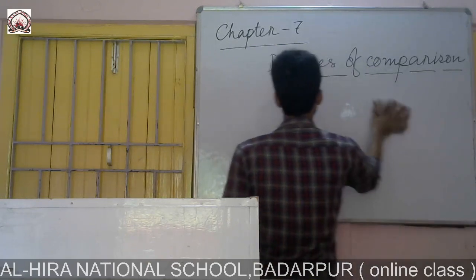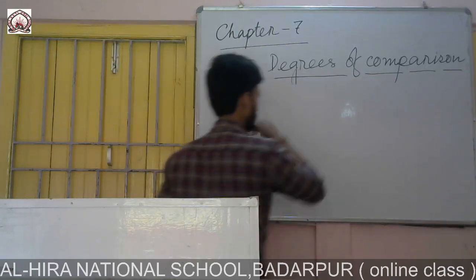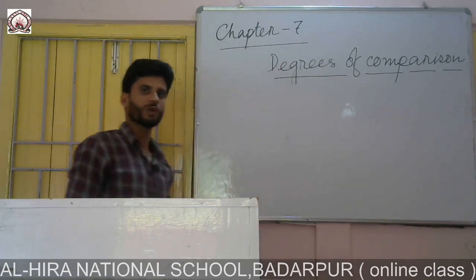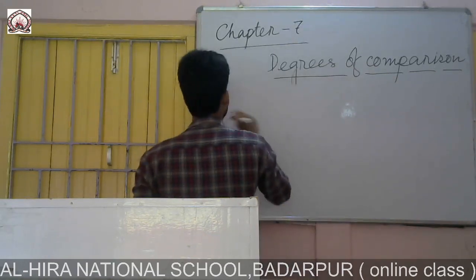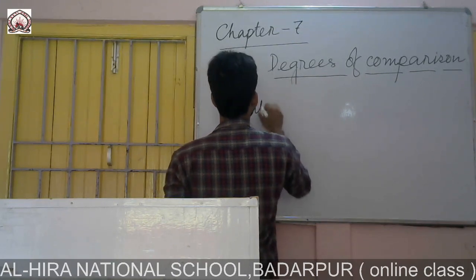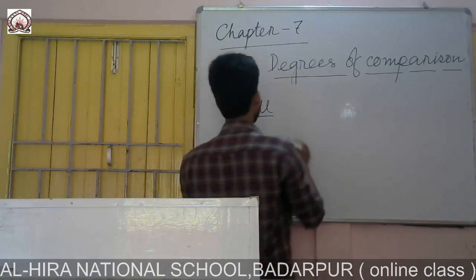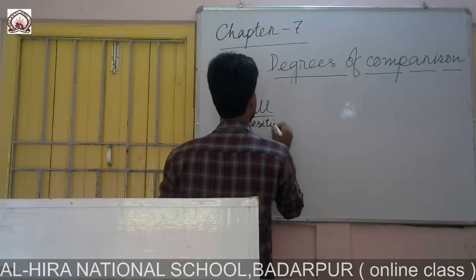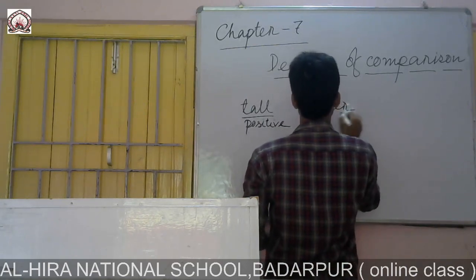Many adjectives are there, and the 3 degrees are also given. We used one word there, wise. So let's write another word here, like young or tall. Then this is the positive degree, and the comparative degree of this word will be taller.